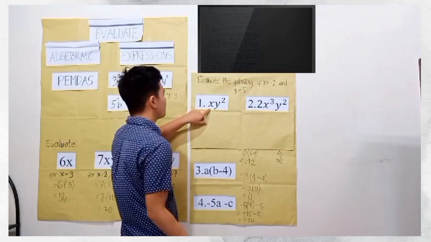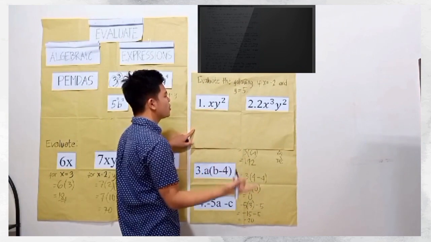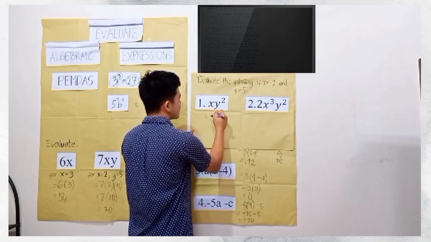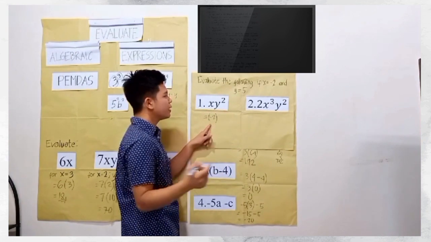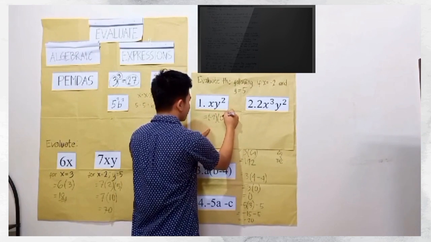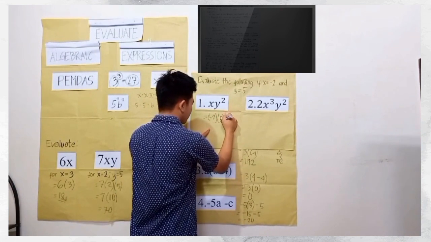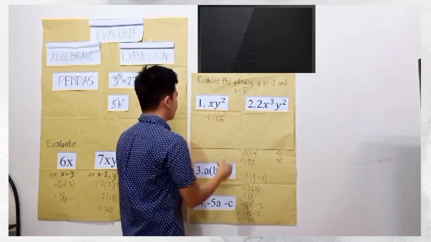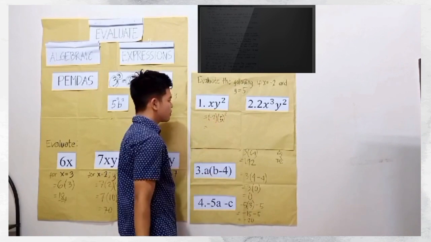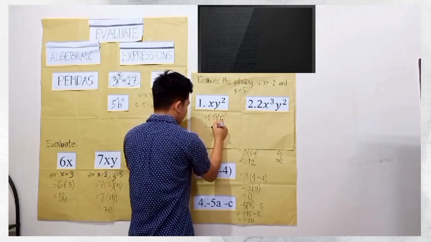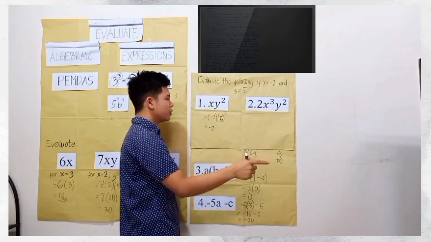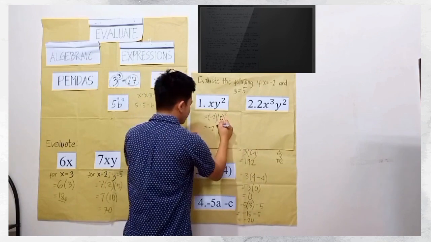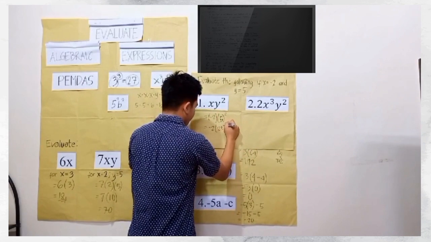We have here number 1. We have to substitute first. x is equal to negative 2 and y is equal to 5, squared. Following the PEMDAS, we have the exponent. 5 to the power of 2, so 5 times 5 is 25.